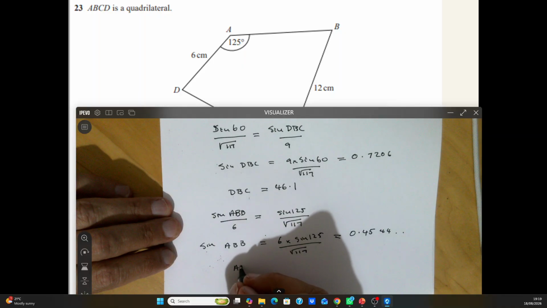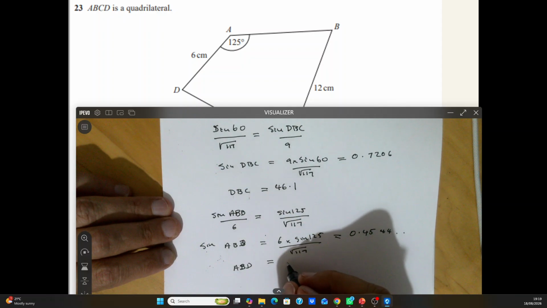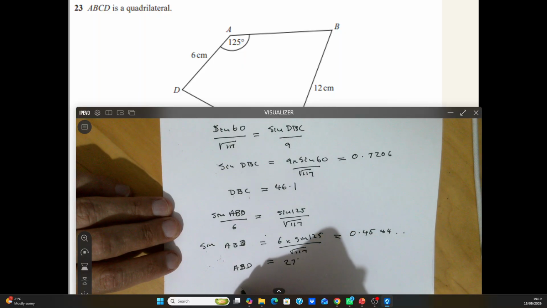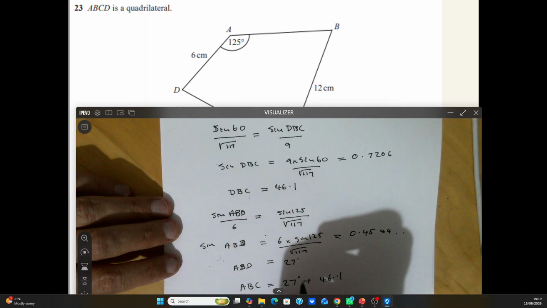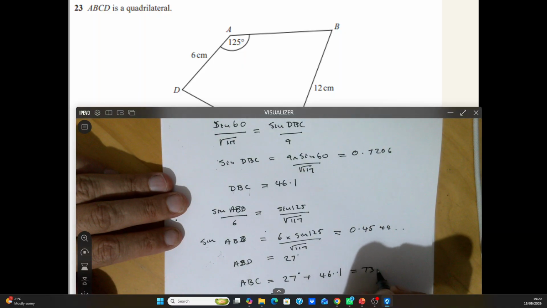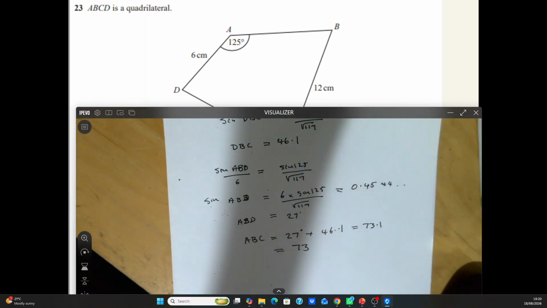So ABD equals 27 degrees. So the question asks about ABC, which is 27 degrees plus the 46.1 degrees, which gives me 73.1 degrees. So the answer is 73 degrees.